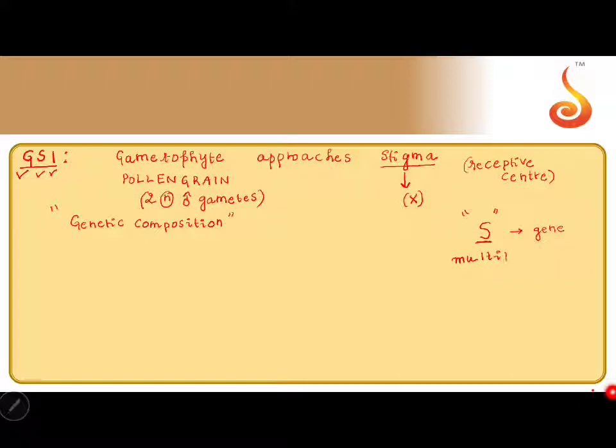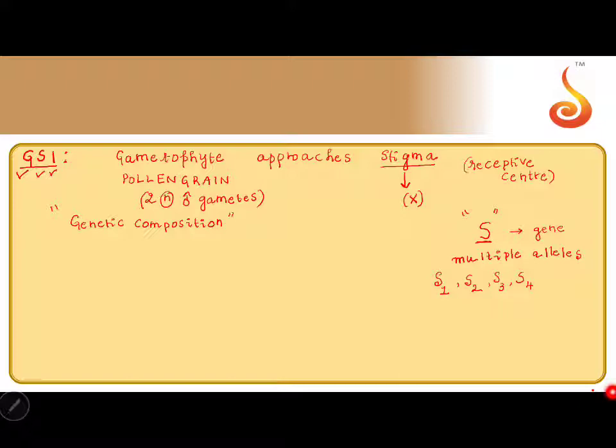So it is not only 2 alleles, but multiple alleles. Not just 2 or 3, close to 200 alleles are seen in this gene. Now let us take an example of 4 alleles, S1, S2, S3, S4.